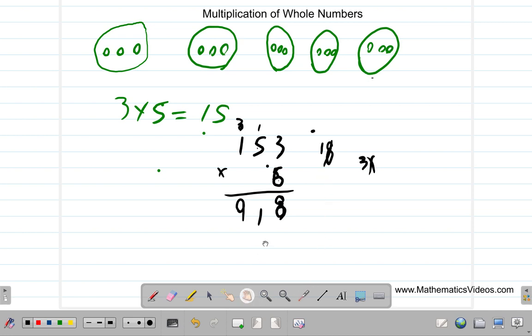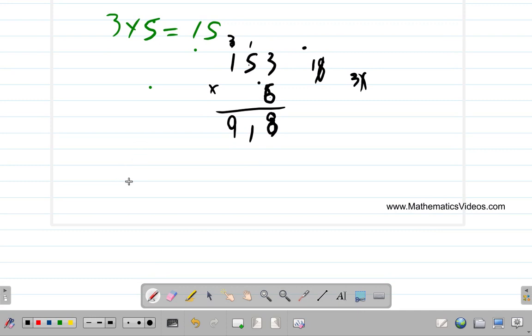So what you really are doing is to say you have 100, you have 50, and you have 3, and each of them is multiplied by 6. So you have 100 by 6, you have 50 by 6, you have 3 by 6.